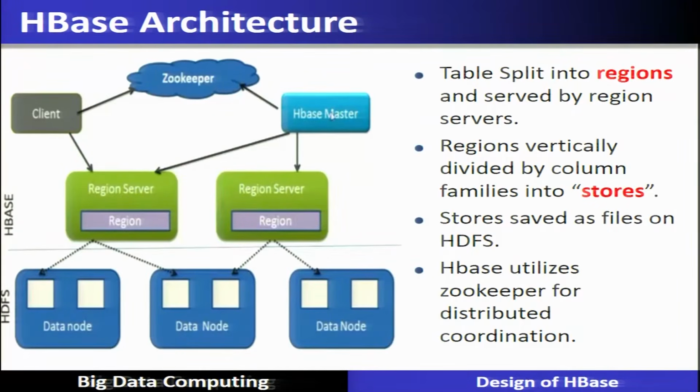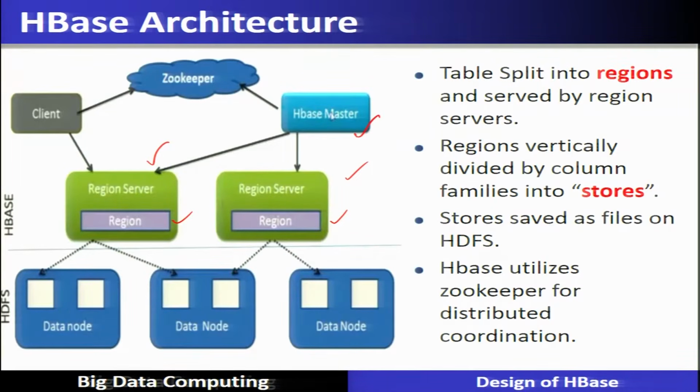Let us see some of the important aspects of HBase architecture. HBase has the region servers, and these region servers are basically handling the regions, and there is one HBase master.